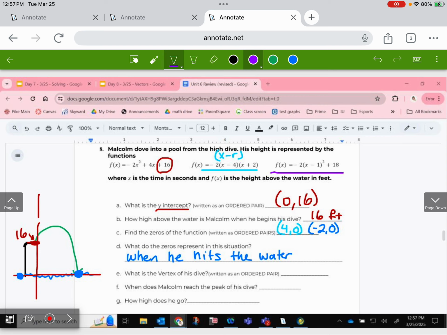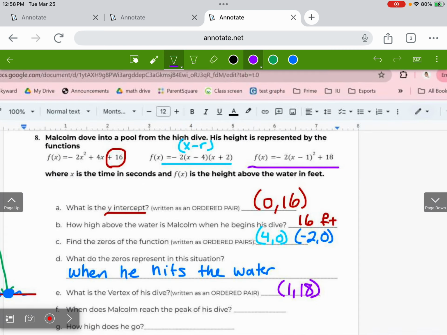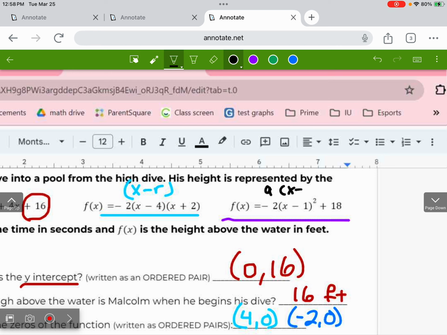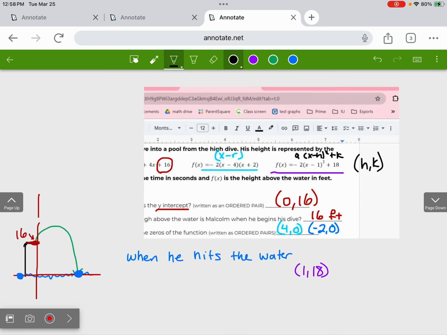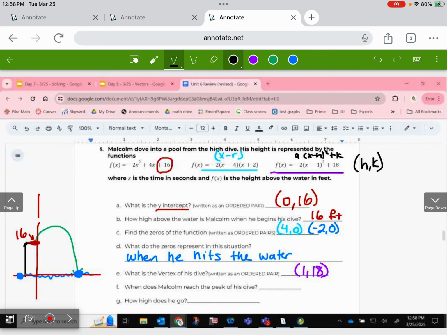So what is our vertex? 1, 18. Then you gotta say it louder. I'm old, and when you whisper, I can't hear you all that good. Okay? So this is coming from our vertex form, and we have our a(x minus h) squared plus k. Our vertex is always at the point (h, k). Every single time. If we can find h and k, we are good to go.